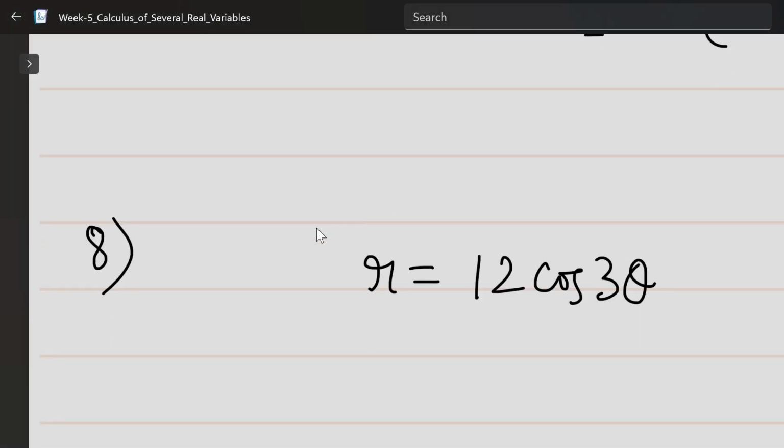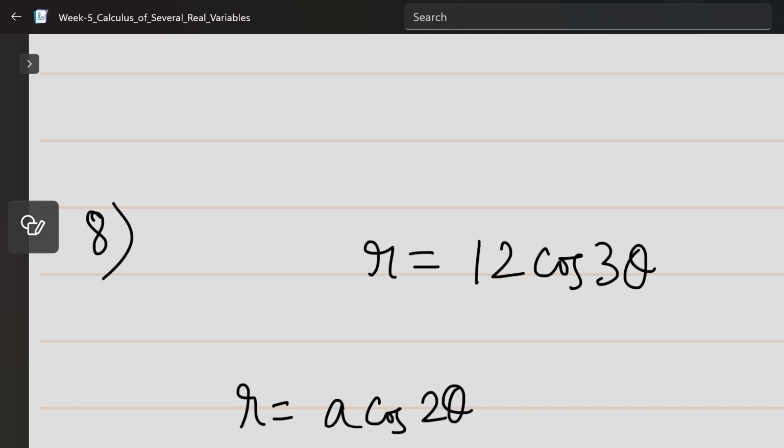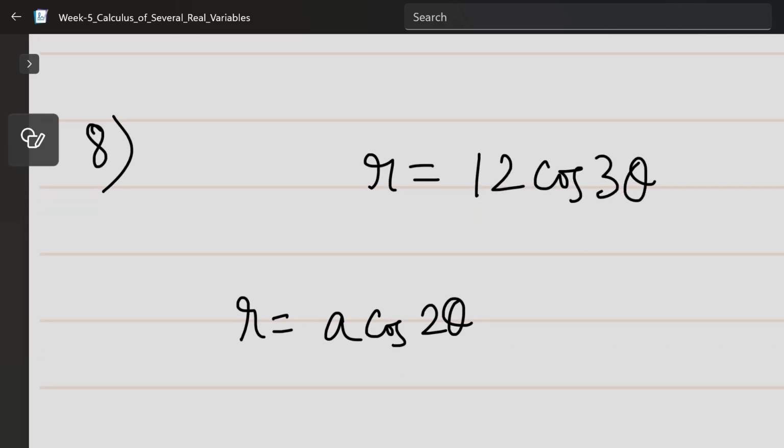So first I will tell something about r equal to a cos 2 theta. First there is a rule: suppose r equal to a cos n theta.